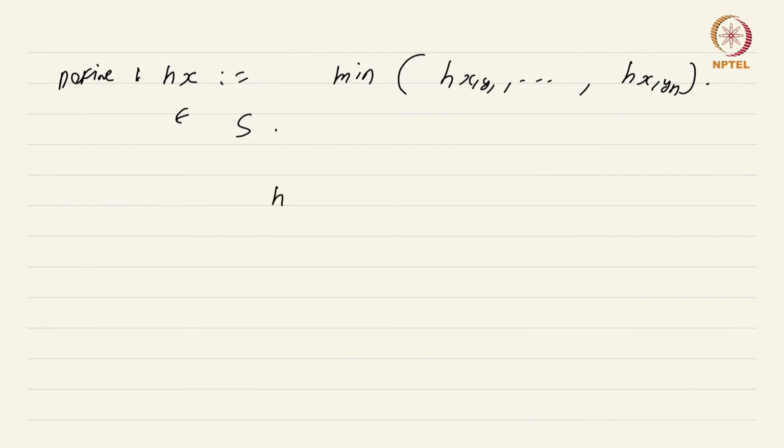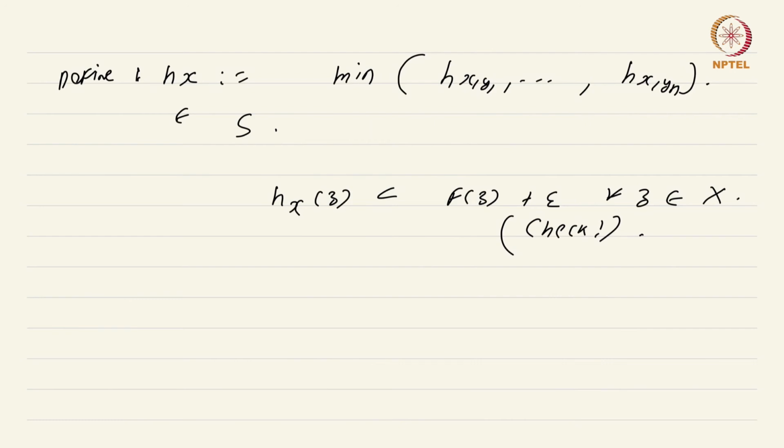Well, it satisfies h_x(z) is less than f(z) plus epsilon for all z in X. Okay, check this. This is a trivial check. By taking the minimum, we have more or less forced this to happen. In fact, because we want this to happen, we have taken the minimum of the functions h_{x,y_1} to h_{x,y_n}.